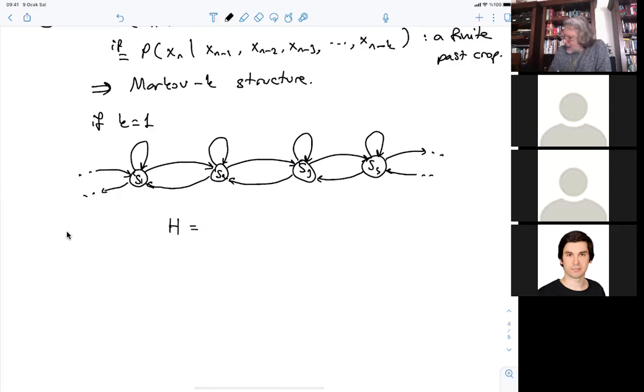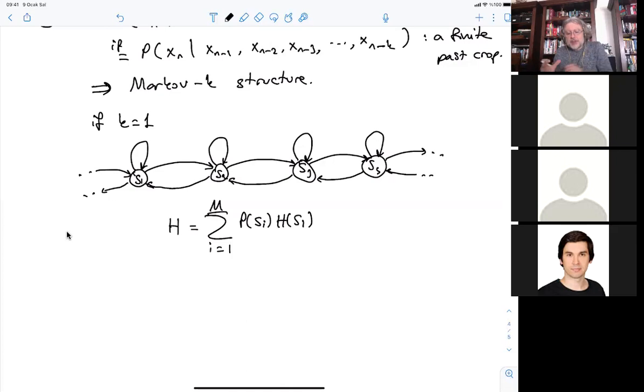So the entropy H becomes, depending on how many different transition outcomes may occur, let's call it M, the probability of each state times the entropy corresponding to each state. And it can be seen that this is quite an optimal way of doing things.